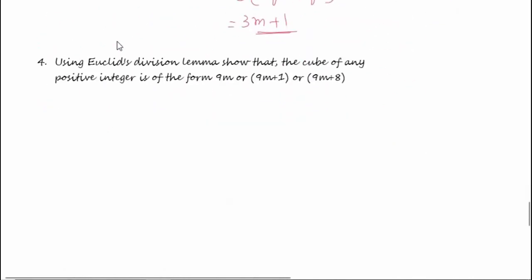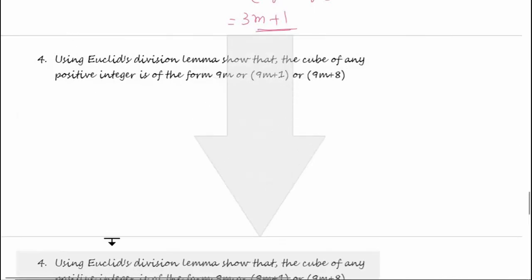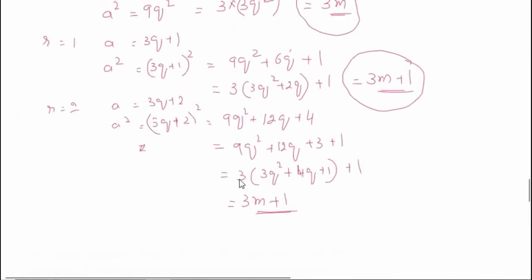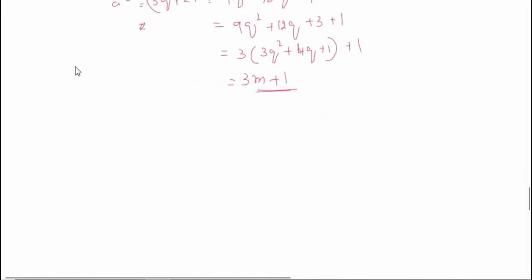I can explain this one a little better because some of the students may not be able to understand what this means. Now let us take a as 1. a equal to 1. Then a square also 1. So this can be represented as 3 into 0 plus 1. m is 0 here.